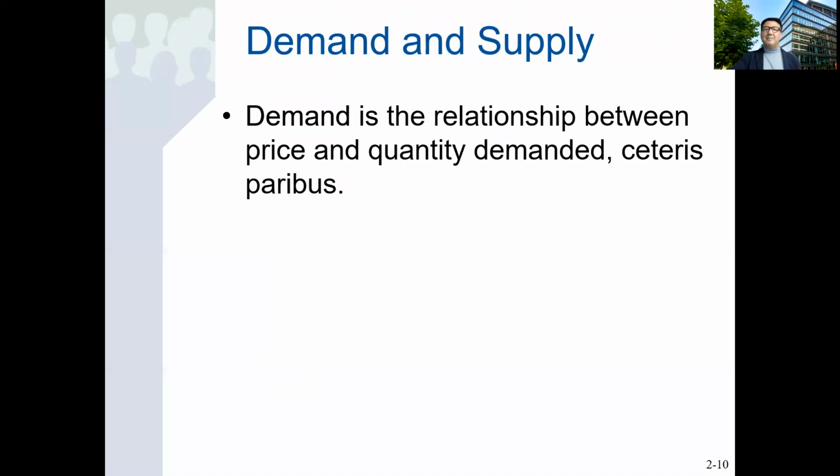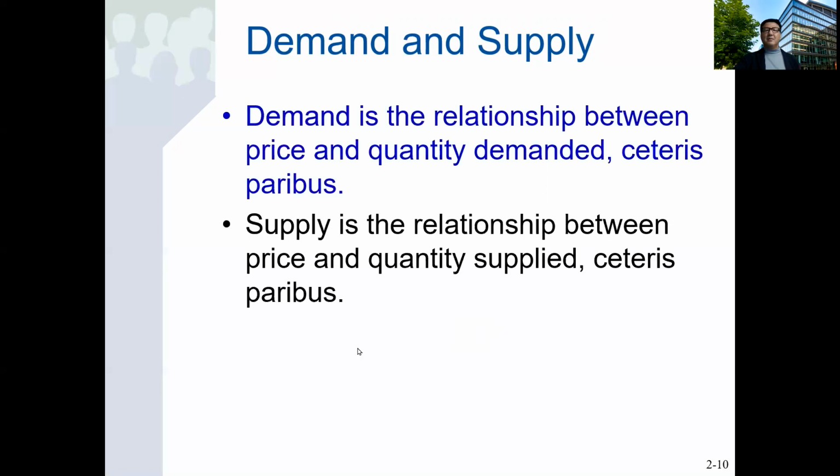Okay. So demand and supply. Demand is the relationship between price and quantity demanded, ceteris paribus. This is a very important concept. And supply is the relationship between price and quantity supplied, ceteris paribus. Whenever you look at the graph and look at the supply and demand, you have to know what the assumptions are.